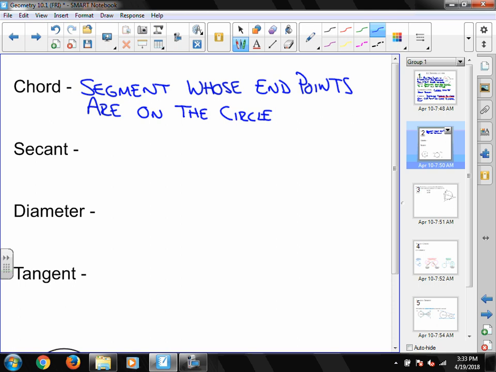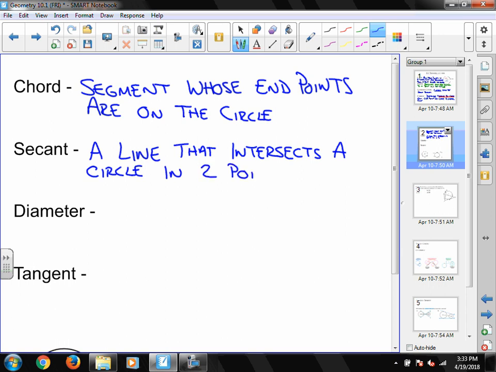A secant is going to be a line. So it's going to extend farther than the circle on both sides. It's a line that intersects a circle in 2 points. Diameter, again, I know we've already defined that.